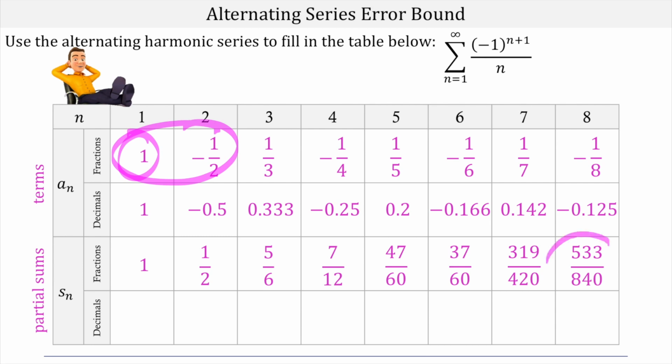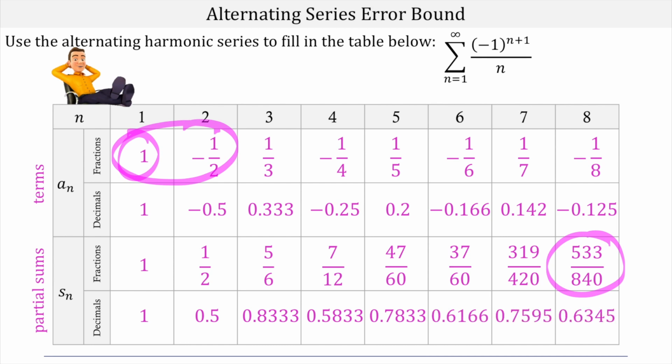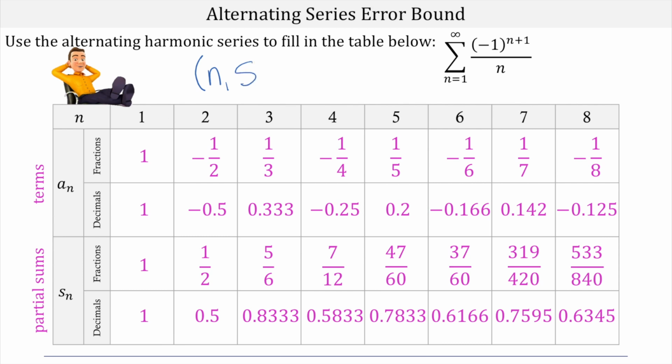So the eighth partial sum is 533 over 840. Again, let's change that into some decimal approximations because that's going to help us see what's going on. Now in the next slide, I'm going to make a graph of a series of points, n, s sub n.